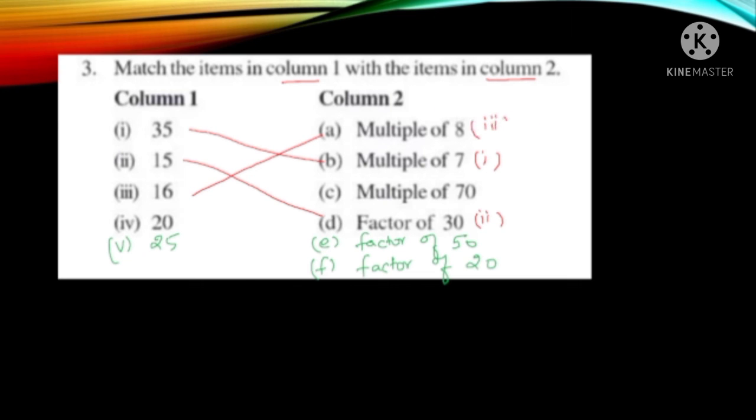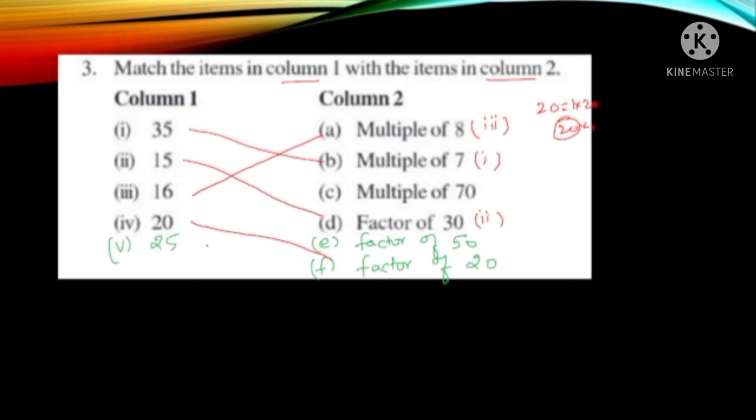So option A is mapped to the third subdivision. 20. 20 is a factor of 20, isn't it? 20 ones are 20. So the factor of 20 is 20. When we write the list of factors, definitely the same number 20 will also be there. So look, when we look at the factors of 20, 1 20s are 20. So 20 is one of the factors. So a factor of 20 is 20.